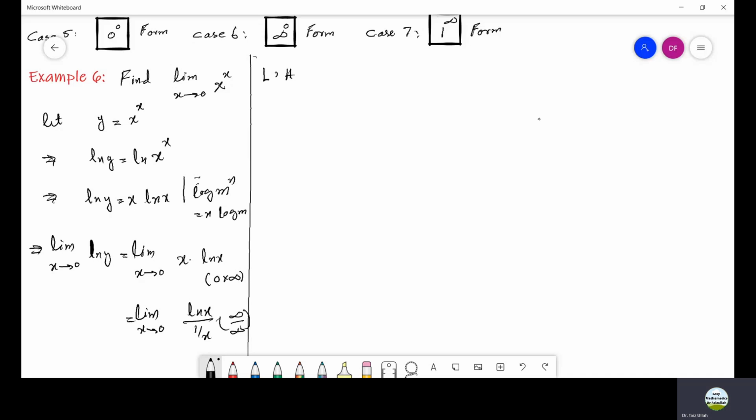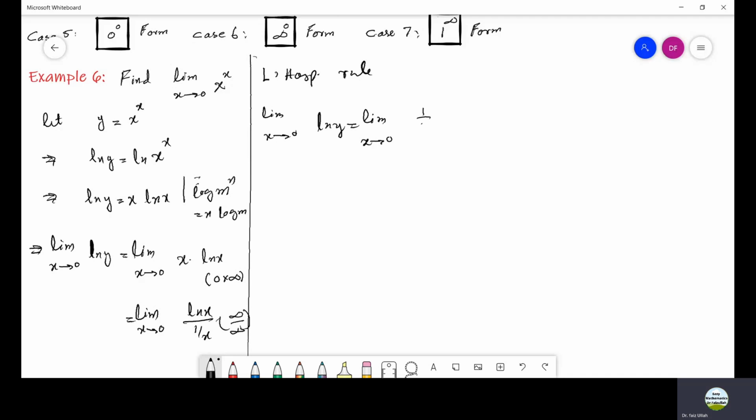So according to the L'Hopital rule, now we can write limit x approaches to 0, ln y is equal to limit x approaches to 0.